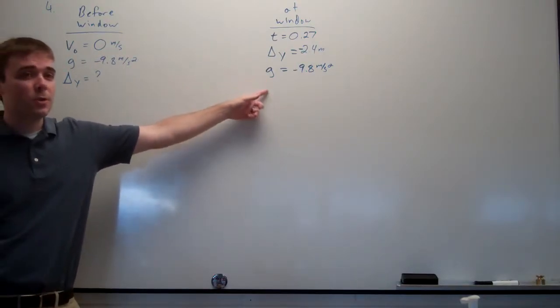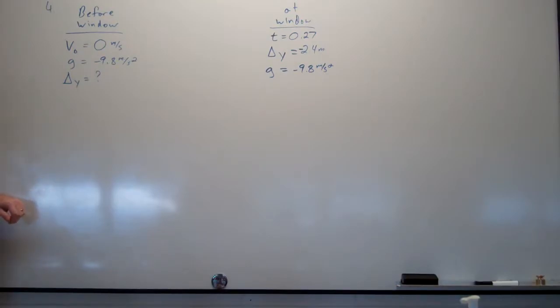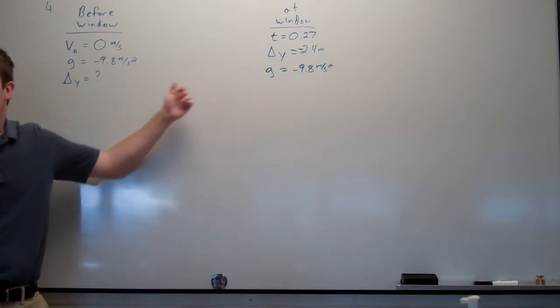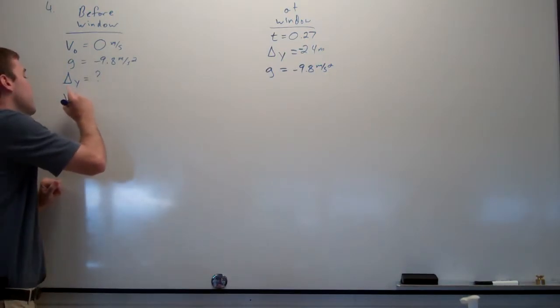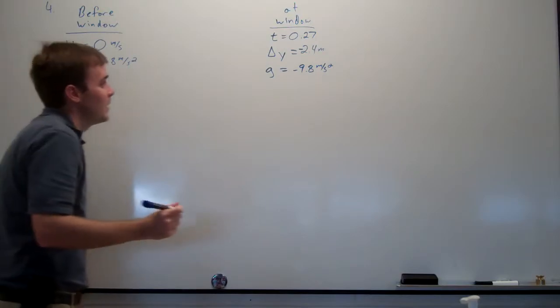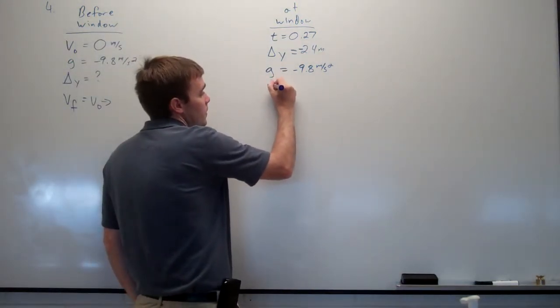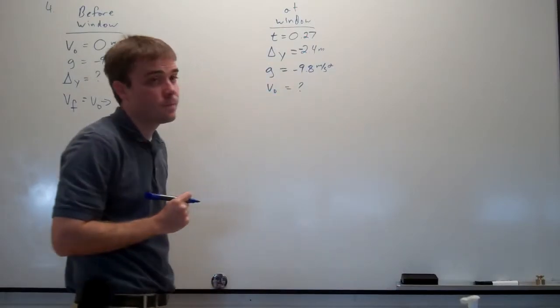What from the at the window part that we can solve for will be useful for the before the window part? Initial velocity. The initial velocity of the at the window part is going to be what for the before the window part? Final velocity. So we're going to find v0 over here. What equation can we use?